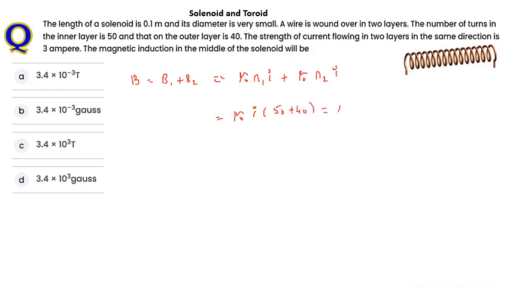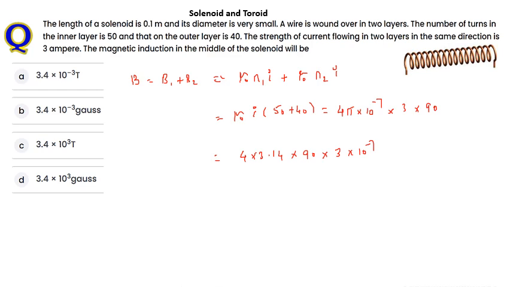So this one is 4 pi. The mu naught value is 4 pi into 10 power minus 7, and the current value given is 3, and the number of turns is 90. So you just multiply over here. That is 4 into 3.14 into 90 into 3 into 10 power minus 7.